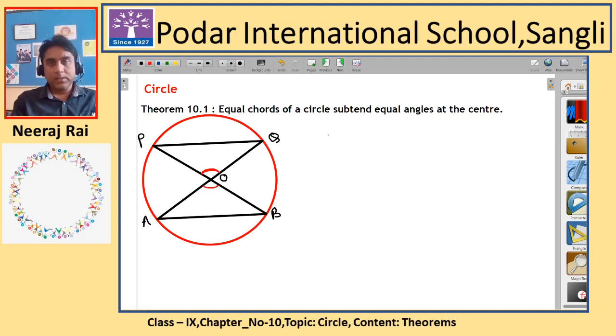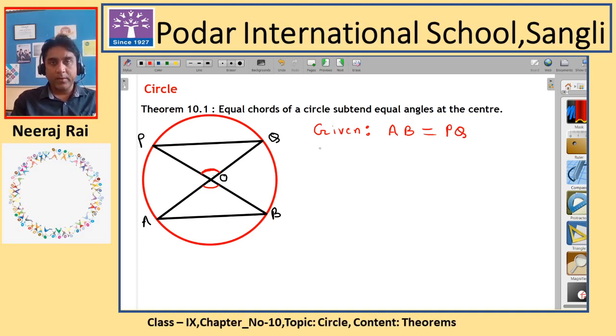Now what is given to us? Let's write that first. What is given is AB is equal to PQ, and they are chords. And what do we have to prove?